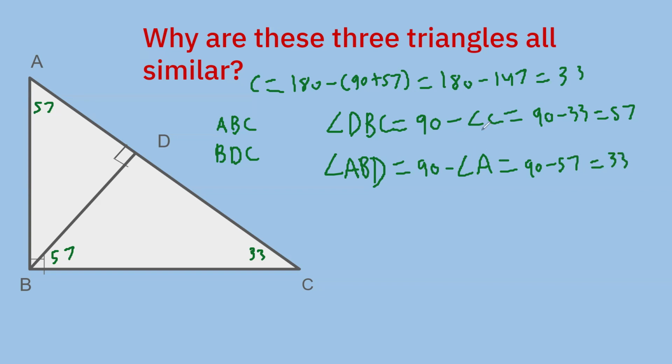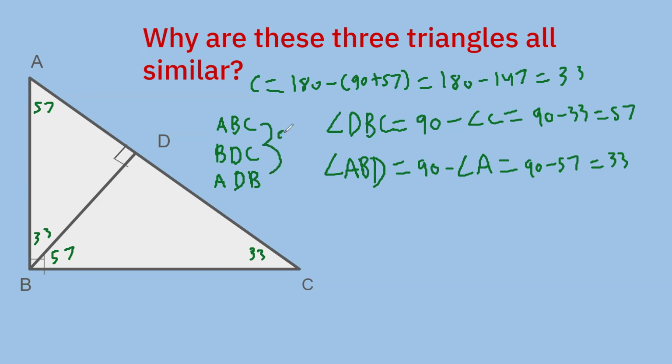So that goes here. And again, it's like angle C. So then in this one, we have A, D, B. So these three triangles are all similar to each other, right?